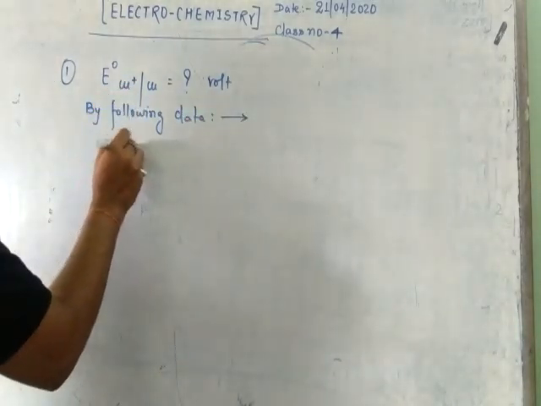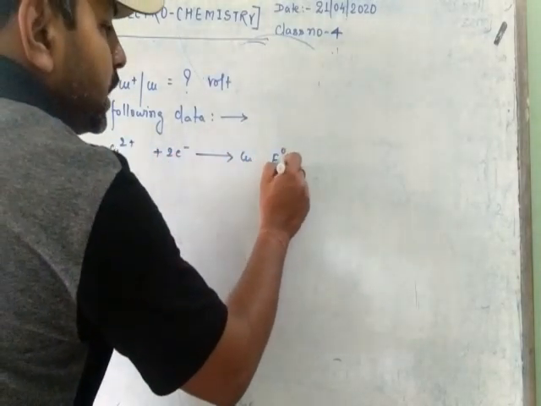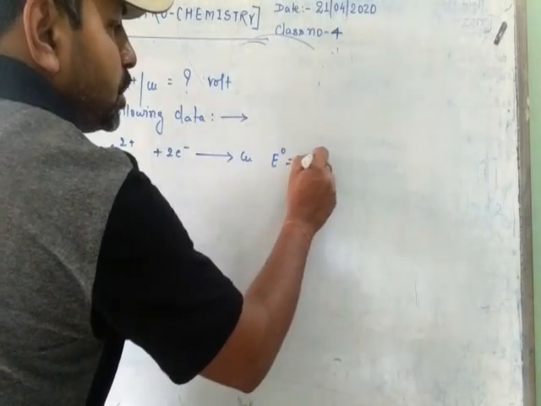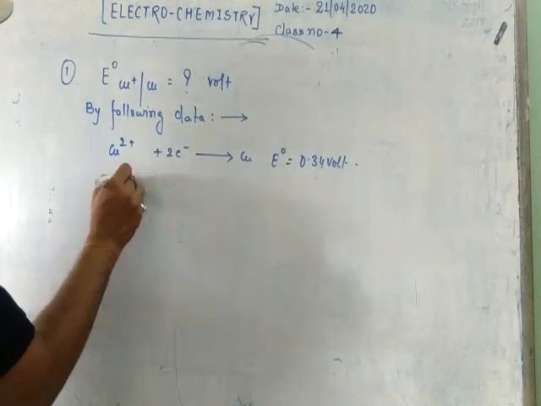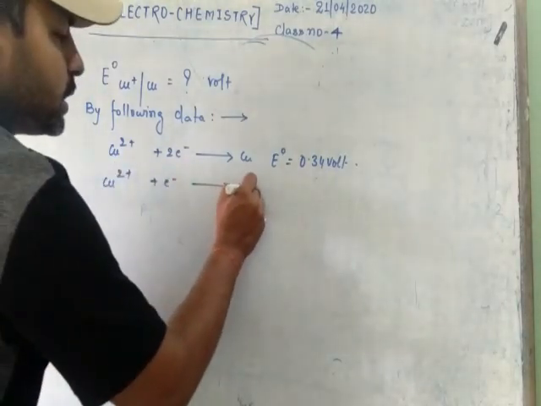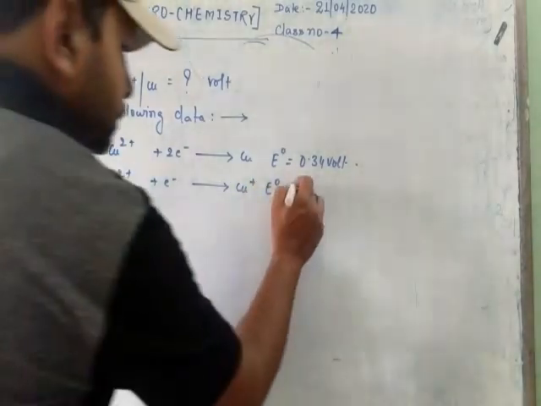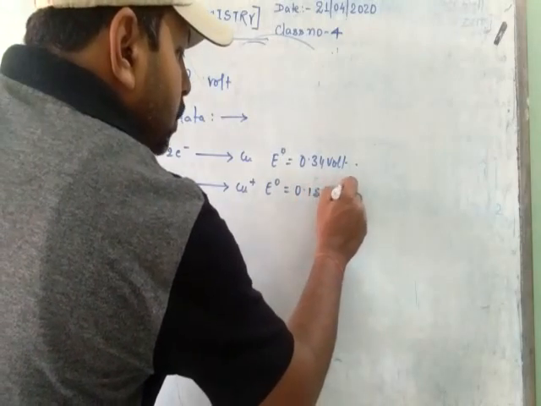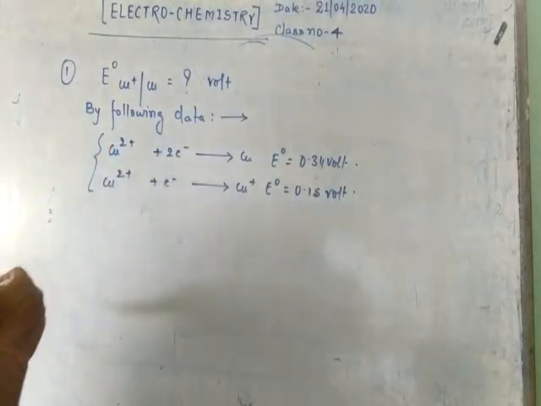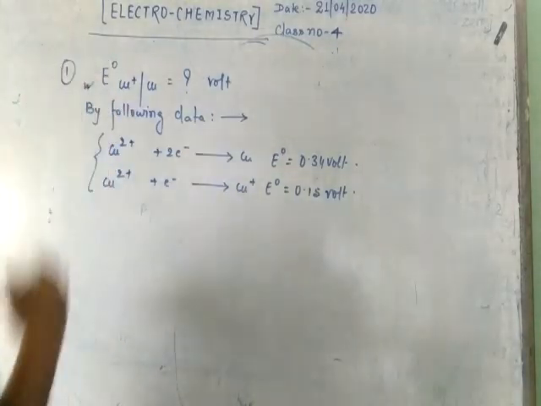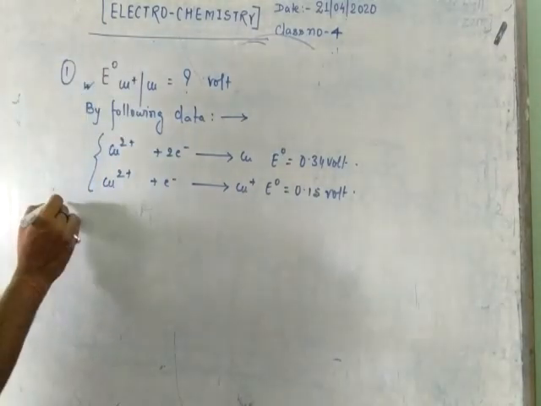Cu2+ gains 2 electrons to give Cu, and its electrode potential is 0.34 volt. And Cu2+ gains 1 electron to give Cu+, and the electrode potential is 0.15 volt. With the help of these two half reactions, you calculate the standard cell potential of the following.